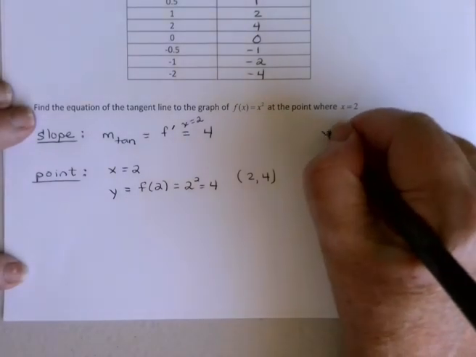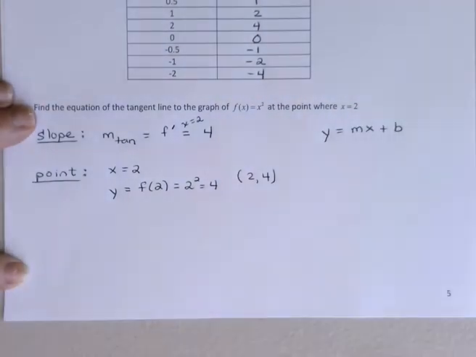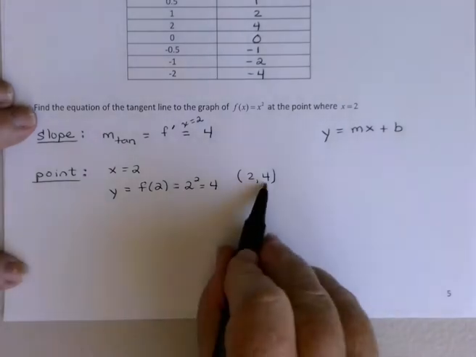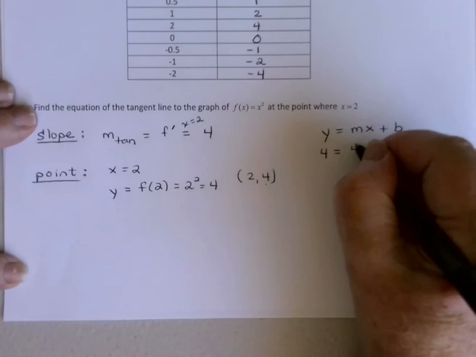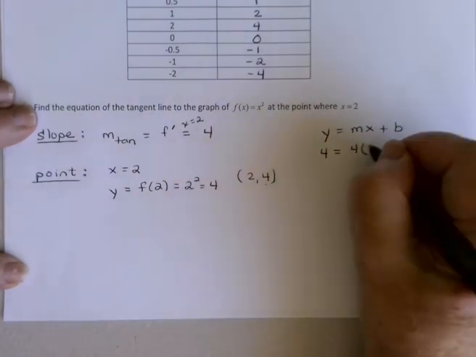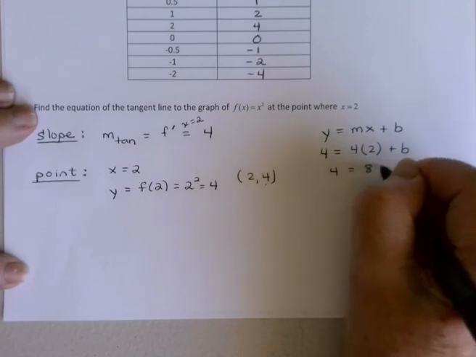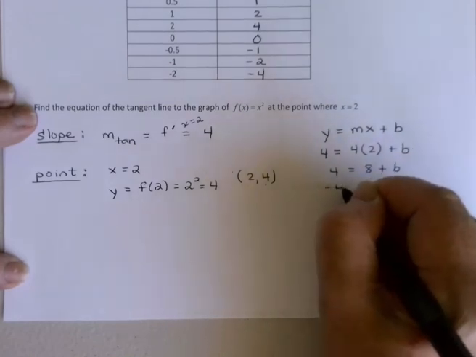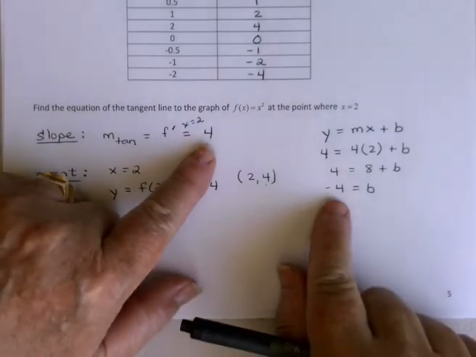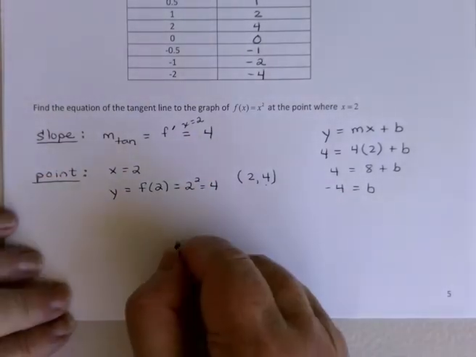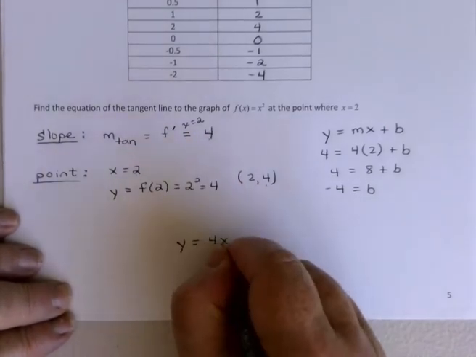I tend to like y equals mx plus b, but point slope form's fine too if you prefer that. I've got a y value of 4, a slope of 4, and an x value of 2. So it looks like I'm going to get negative 4 for a b value. So now I know m and b, and the equation of my tangent line is y equals 4x minus 4.